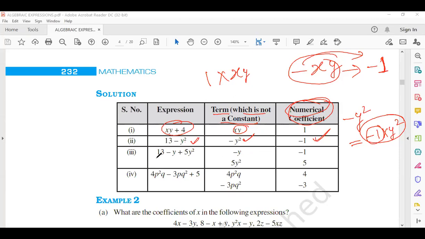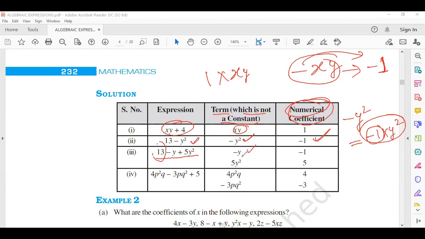Okay, suppose this is the example: 13 minus y plus y square. So minus y is the term which is not a constant, meaning we have to write all the terms excluding the constant term. 13 will be the constant term. What is the constant term?